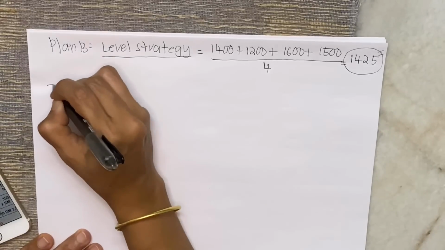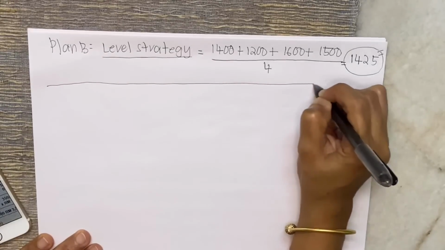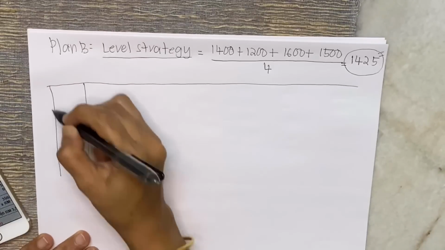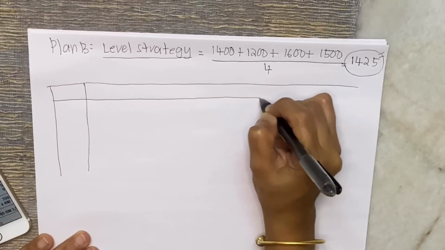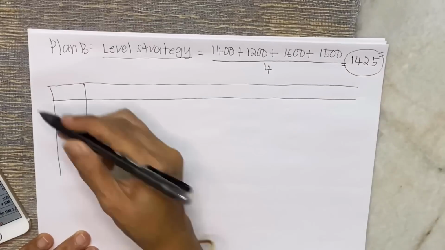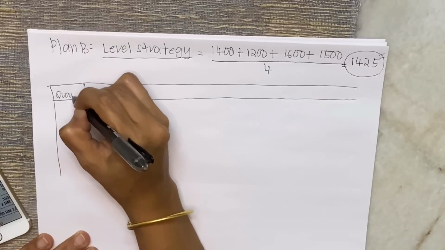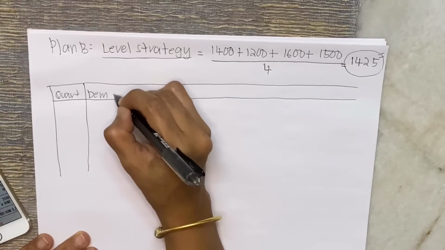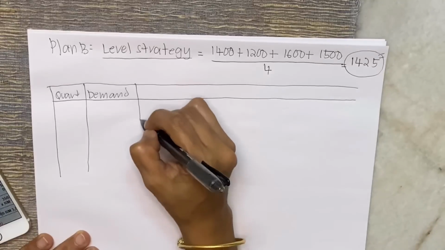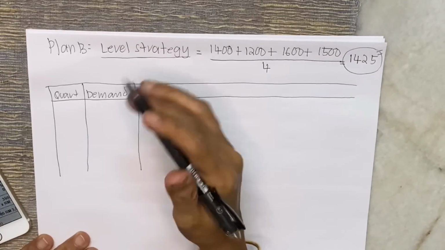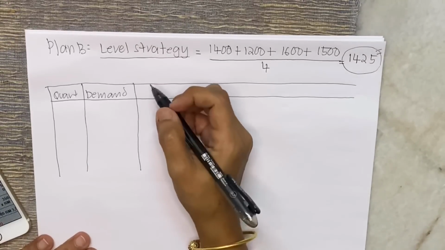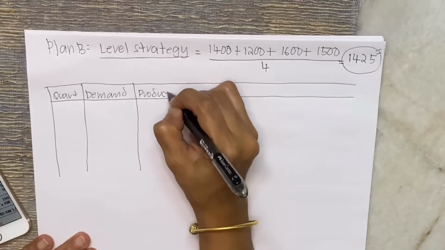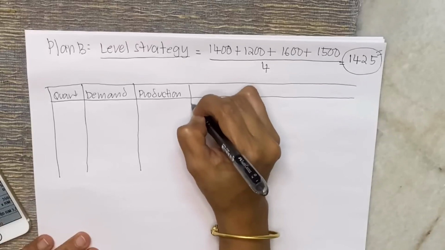Okay, again what we are going to do is construct a table. Okay, what is the first column? The quarter. The second one is demand or the forecast. This one is going to remain as written in the question. This one is our production, the level strategy that we have calculated earlier.